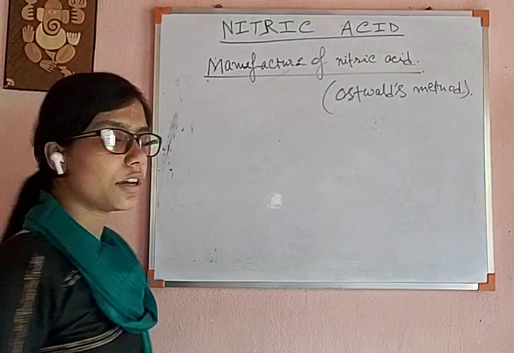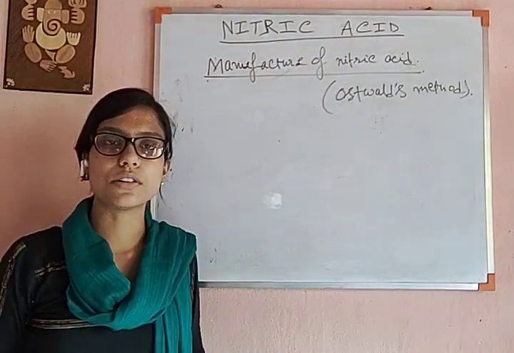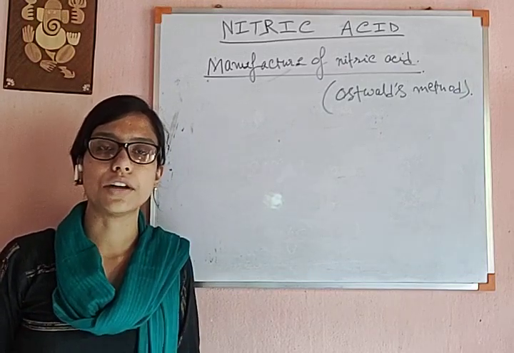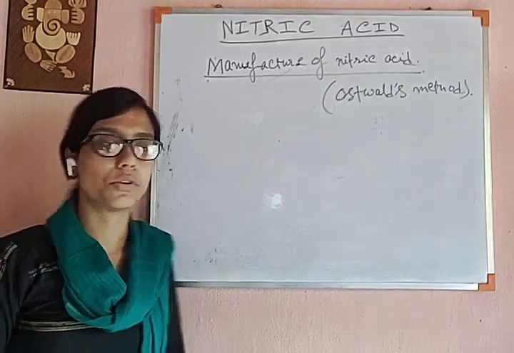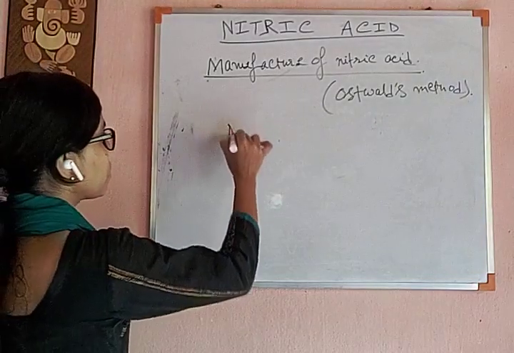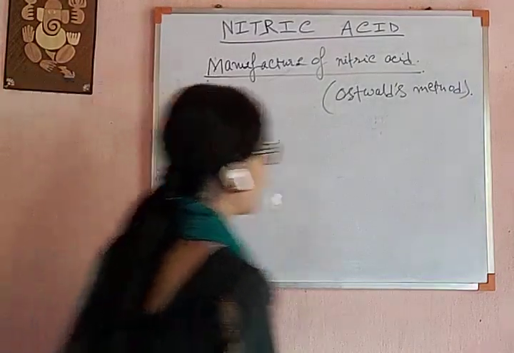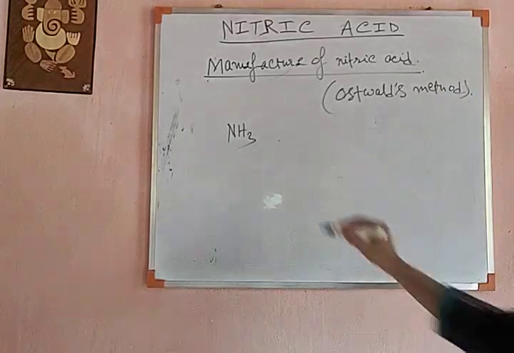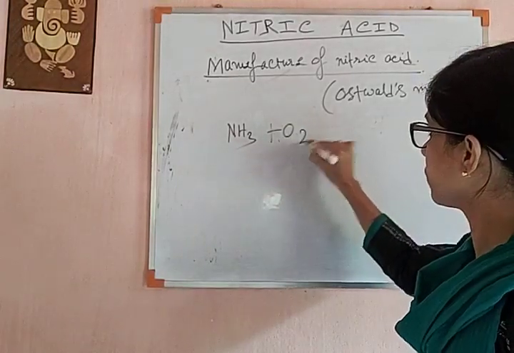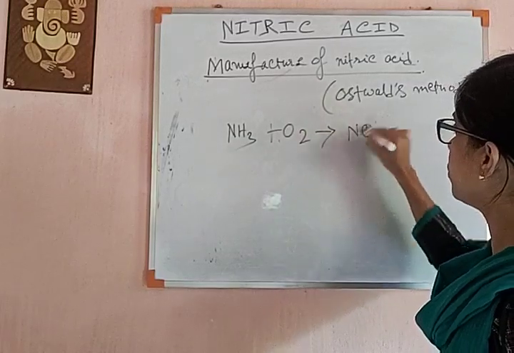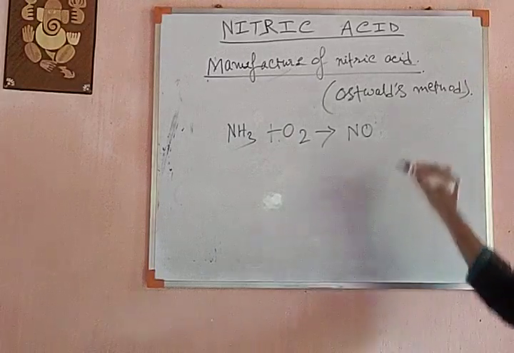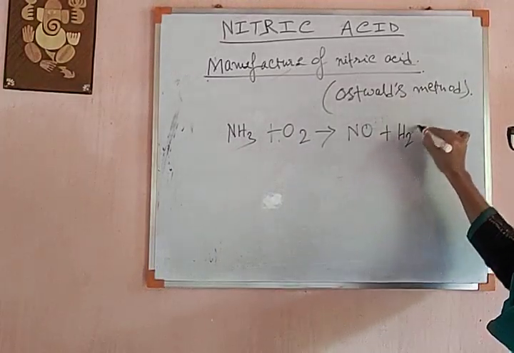In the lightning discharge, in the first step, nitrogen and oxygen were reacting in the presence of lightning, producing nitric oxide. So here, in place of nitrogen we are taking ammonia. Ammonia and oxygen are reacting, producing NO, nitric oxide or nitrogen monoxide, giving water and heat.